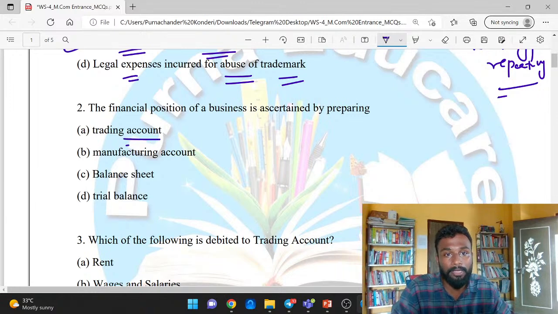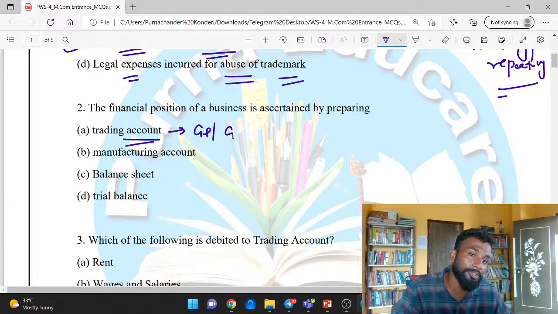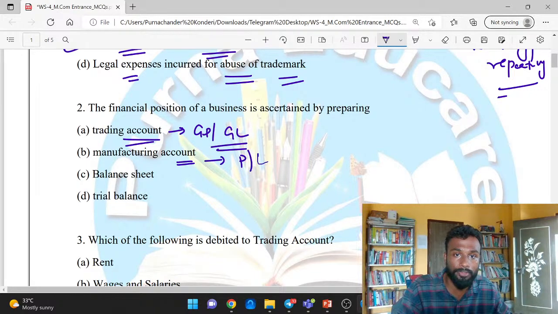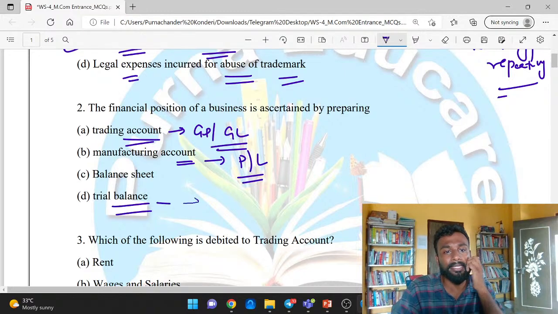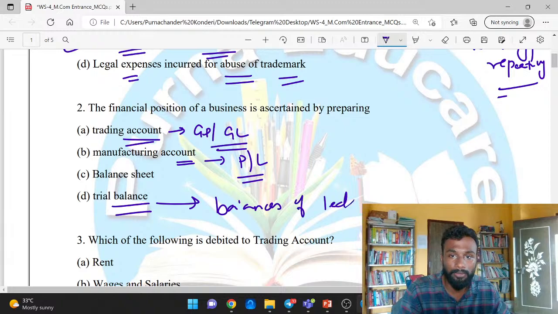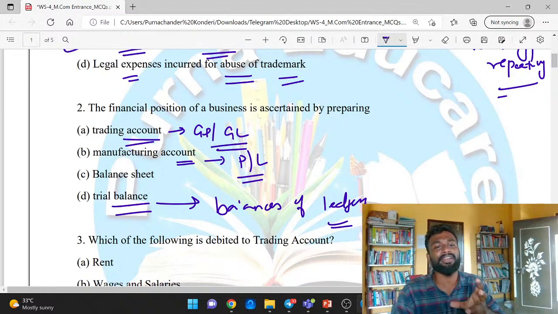The trading account will never determine the financial position, but it determines only the gross profit or gross loss. Even in the case of the manufacturing account, only the profit or loss. The trial balance only shows the balances of the ledgers. It doesn't show exactly the financial position.